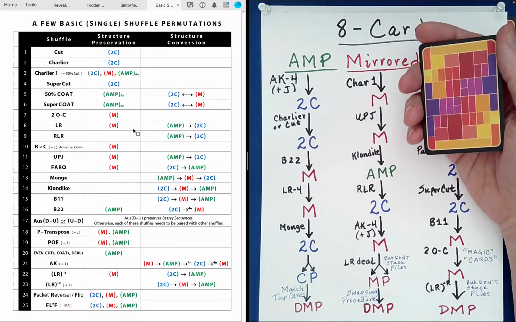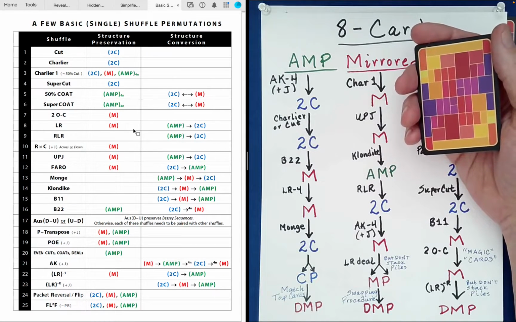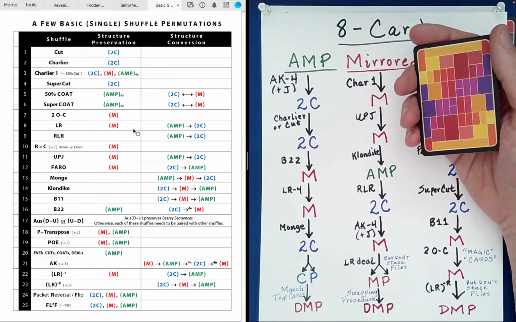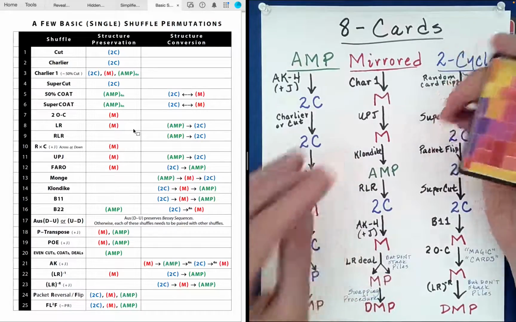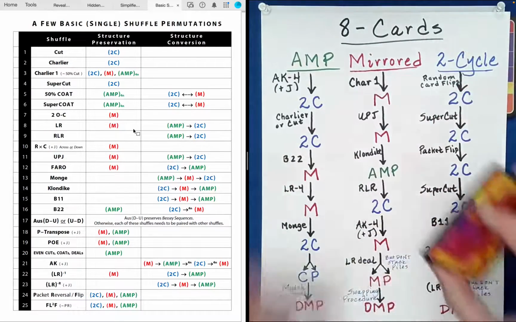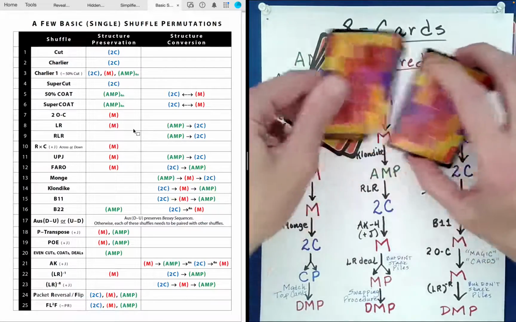I don't know anyone who could just in their mind's eye, with 24 cards, 26 cards in a 2 cycle, do a Klondike. How in the world would you know that it's mirrored after that? But it is.